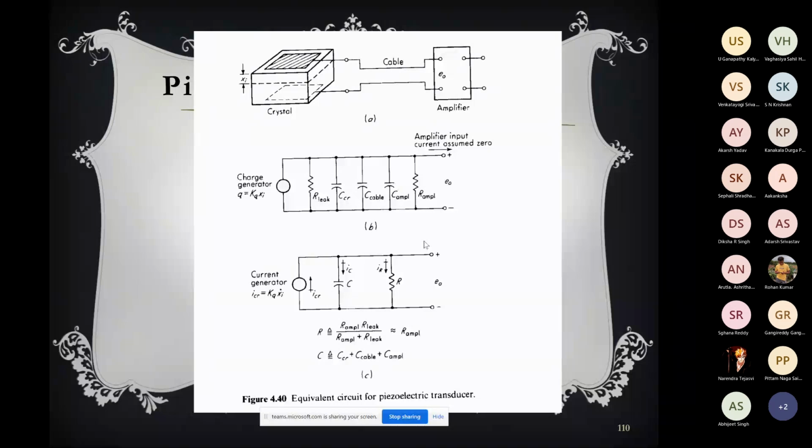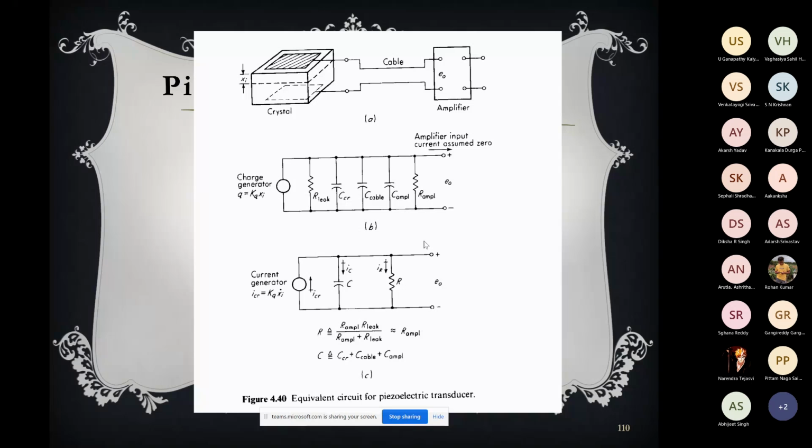Okay, so the equivalent circuit will become C and R, and this charge generator can also be replaced as a current generator. That is very simple. You can see that I will be equal to dq/dt, and if you take d/dt of kq xi, kq is constant, it will go out, so it will become kq into xi dot, and the left hand side will become I. So ICR will be equal to kq into xi dot, where ICR is the current generator from the crystal.